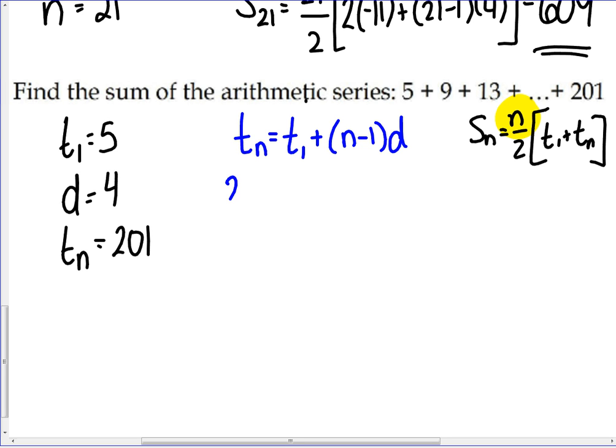T of n is our last term. First term is 5. N minus 1 times 4. Okay. So distribute the 4, solve for n.